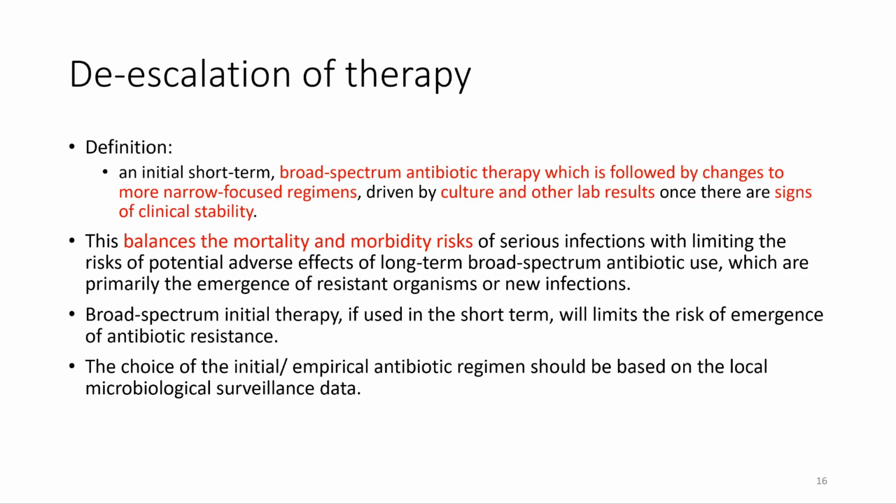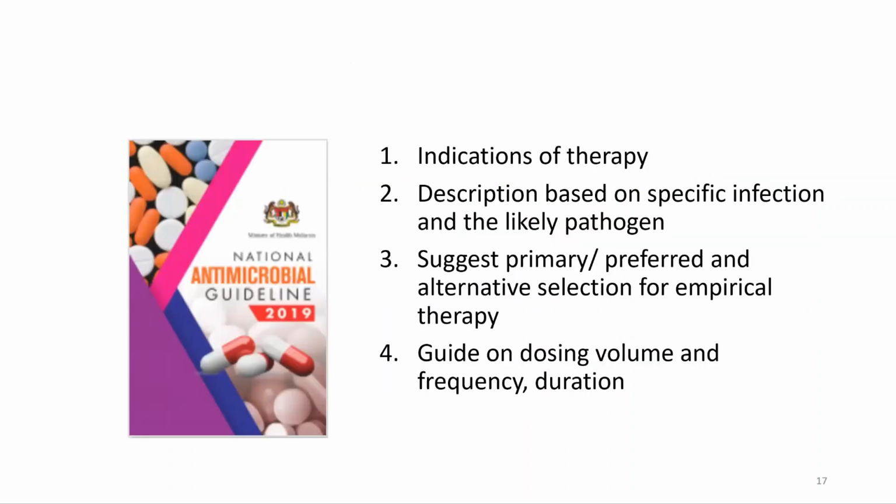The ideal thing is for your institution to have your own local antibiotic guideline. That is the best. But this is the second best thing. If you don't have your hospital antimicrobial therapy guideline, you can use the National Antimicrobial Guideline, which is published by KKM in 2019. It is the latest edition. In this guideline, it specifies the indication of the antibiotic therapy, and the description is based on the specific type of infection.